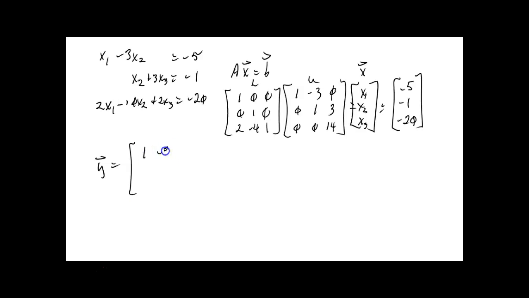That's 1, negative 3, 0; 0, 1, 3; 0, 0, 14 times x1, x2, x3. Okay, slow on the pen, but got it.